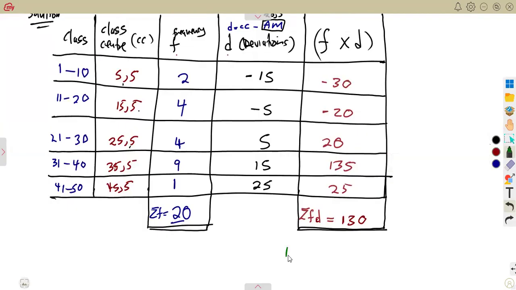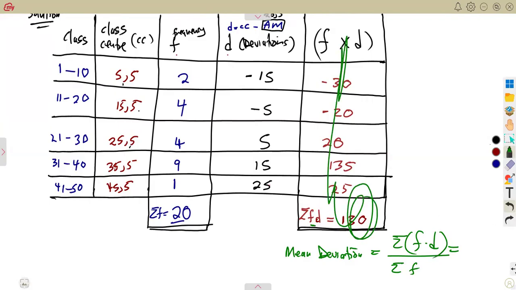From this table, our mean deviation can be calculated. Remember, the sum of the frequency times the deviation over the sum of the frequencies. It's already there. The sum of frequency times deviation is 130, over the total frequency.